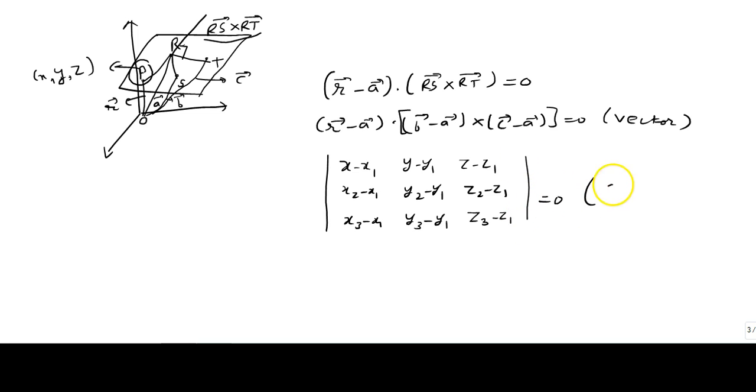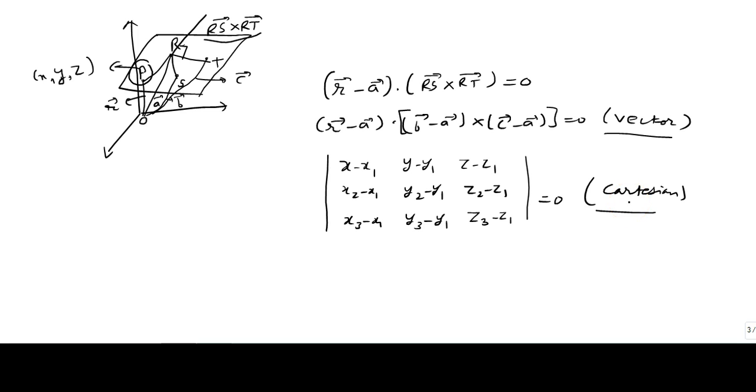This is the Cartesian form of a plane passing through 3 points. The first one, R minus A dot B minus A cross C minus A equals 0, is the vector form.